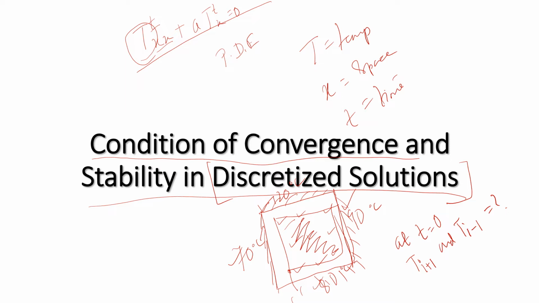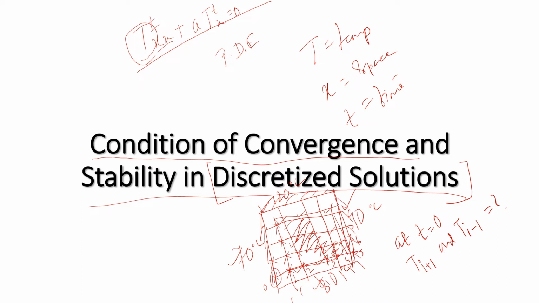If I divide this metal plate into grids of uniform dimension, then each grid point is your I. That means if this is the first grid point and this is the 0th grid point, then this will be the second grid point, third grid point, fourth grid point, fifth grid point, then this one will be 6th, 7th, 8th, 9th, 10th, and so on.